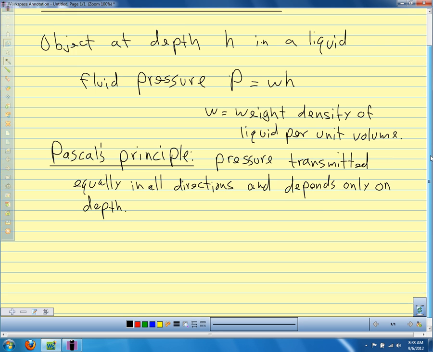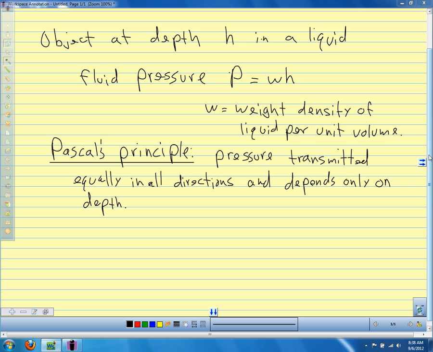So what we're interested in is finding the force on something that's under a liquid. So the force is going to be the pressure times the area, where area is the area of our object, and this is at depth h.